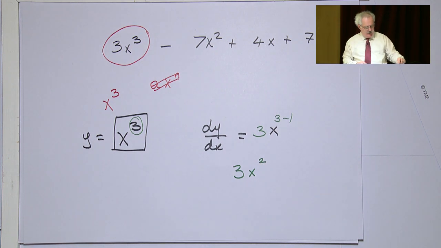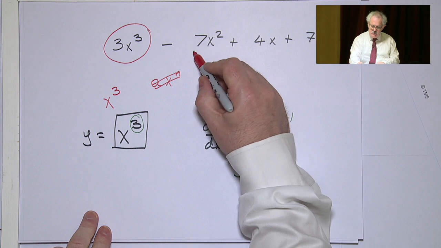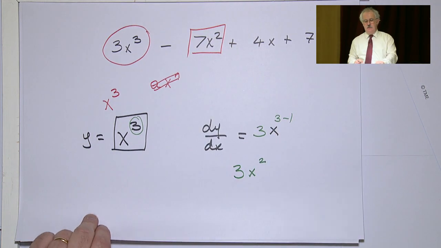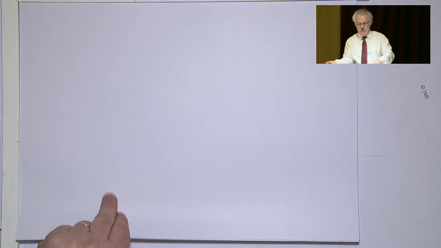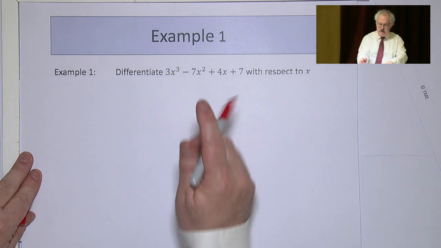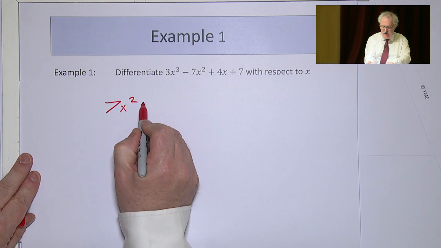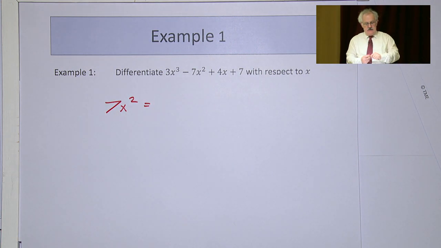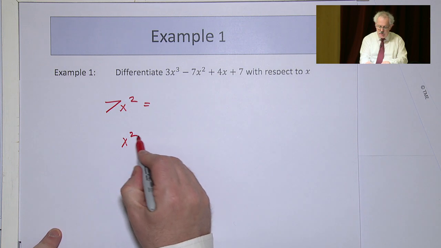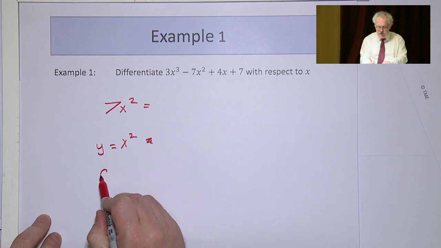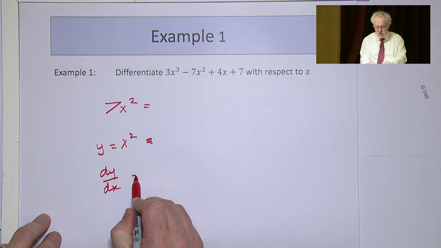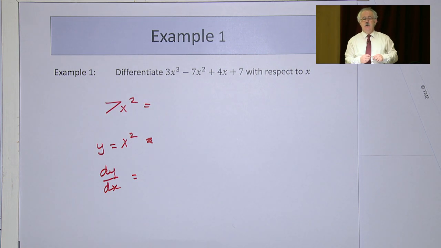Looking at the second one then, 7x squared, we can do something for it. We're now on the second part, 7x squared. Let's take the x squared part of it. If y were equal to x squared, dy dx would be equal to, what would you think it is? 2x.